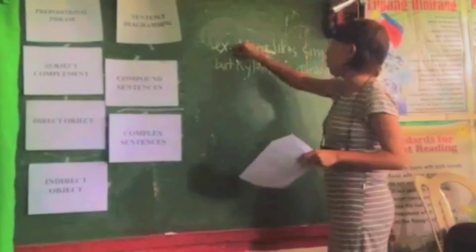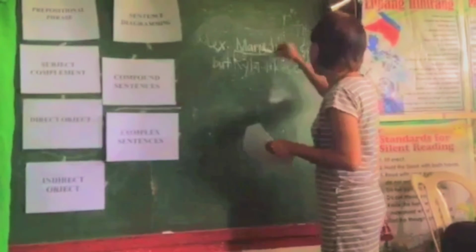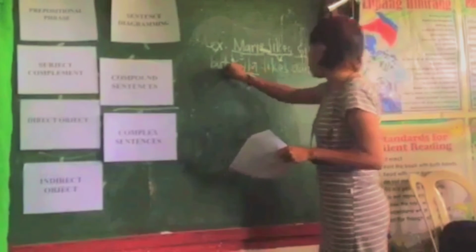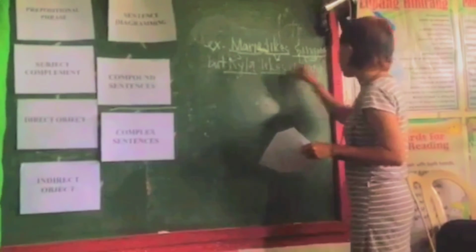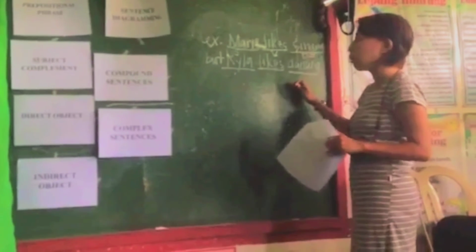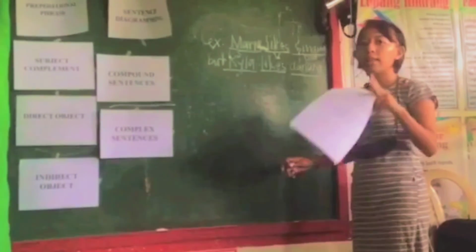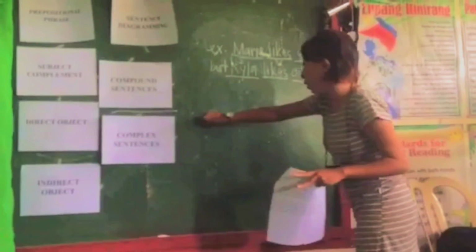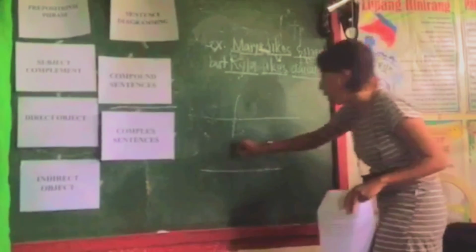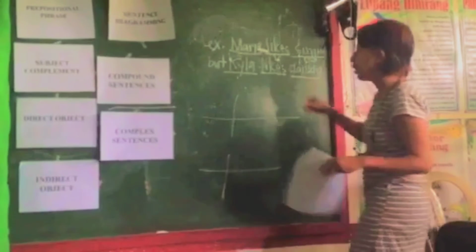Okay, we have here Maria as our subject, likes as our verb, and singing as our direct object. Since we have two subjects, two verbs, and two direct objects, we have to have two diagrams. Let us draw again a horizontal line and a vertical line, and another horizontal line and vertical line.